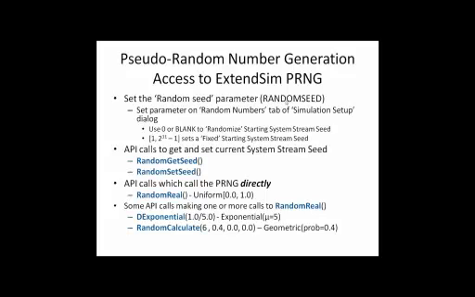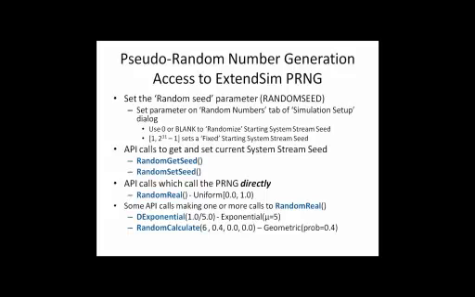We'll talk a little bit more about that on further slides, but I'll refer to that as RANDOMSEED in CATS. Essentially that's the global variable name in the ExtendSim application context that always remembers what that setting is.